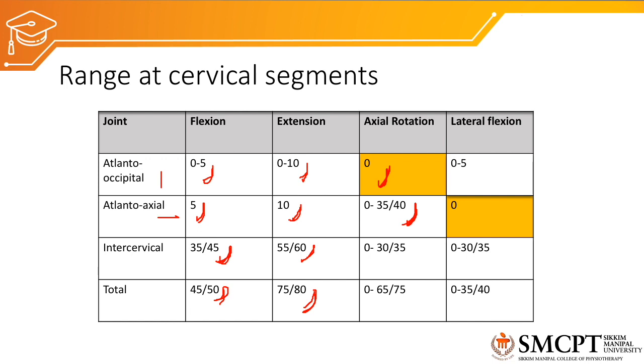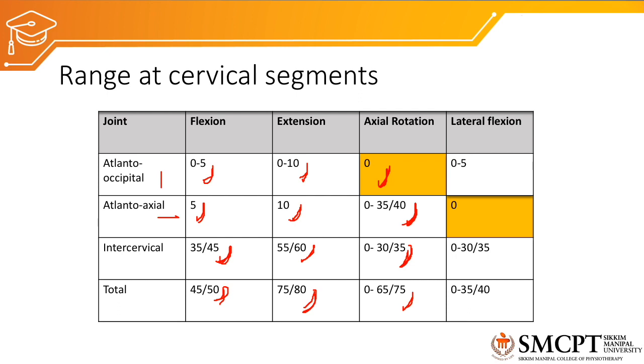Therefore C2 is named as axis. The combined rotation range at C3 to C7 is about 0 to 30 to 35 degrees, and it sums up to a range of 0 to 65 to 75 degrees for total axial rotation at the cervical vertebra.